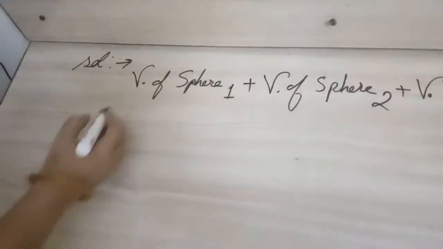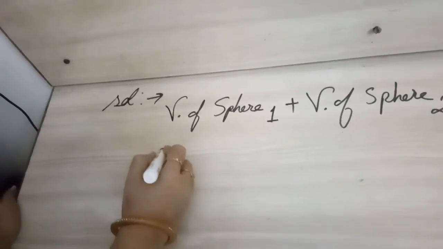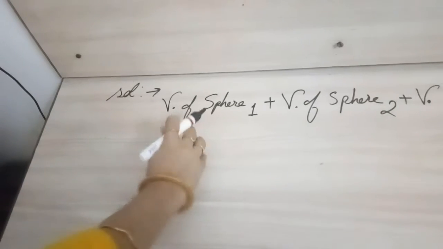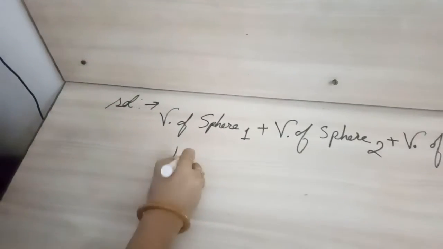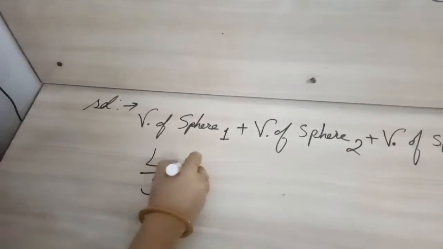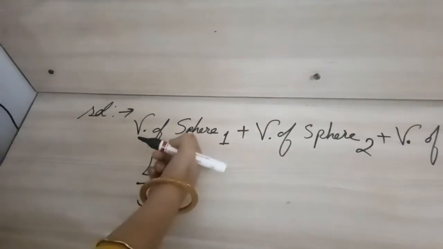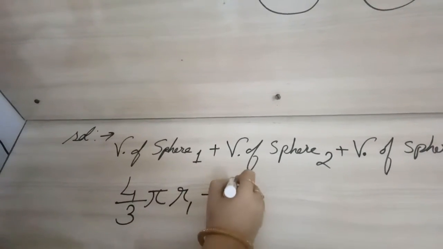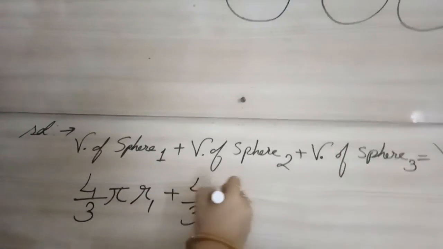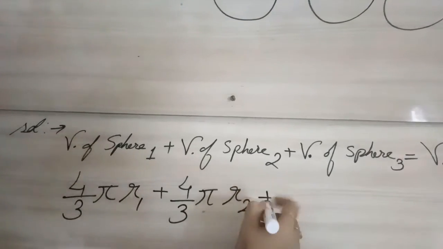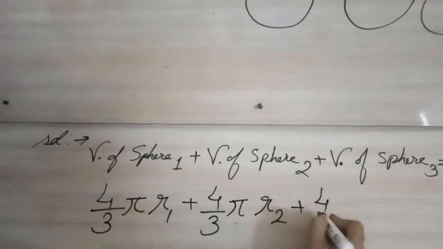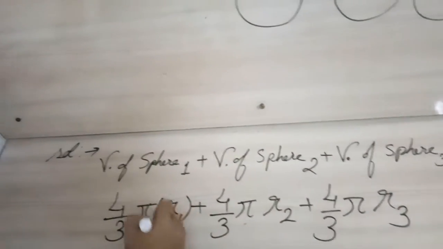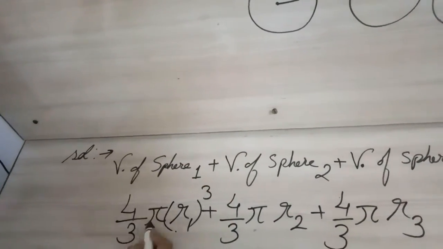So now what we are going to do, we know the formula. What is the formula? We are having the formula for the sphere, we will write it for the spheres. 4 by 3 pi r1 cube plus 4 by 3 pi r2 cube, plus 4 by 3 pi r3 cube, and here radius ka always it is cube, 4 by 3 pi r cube.